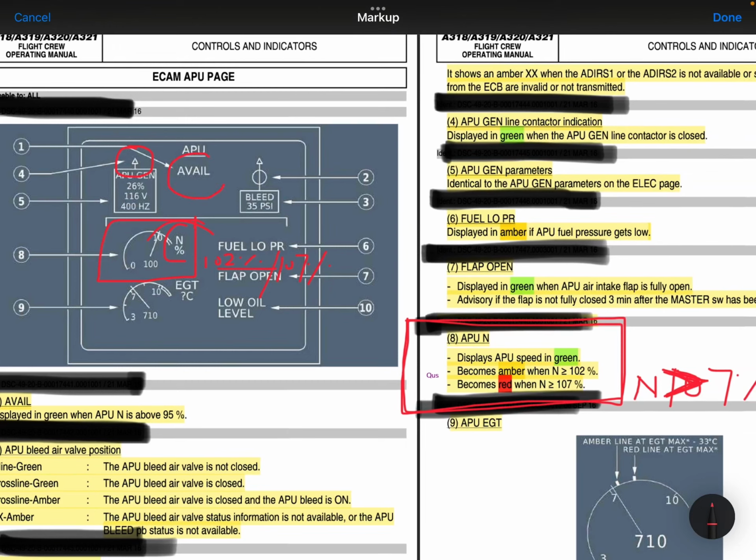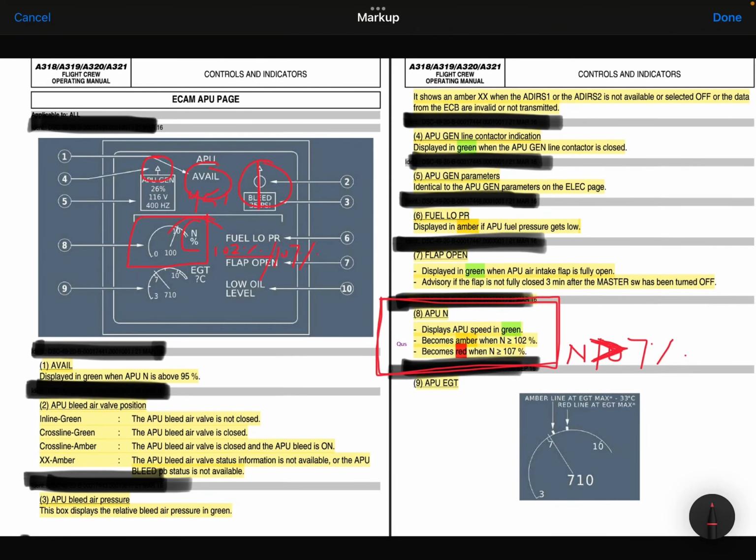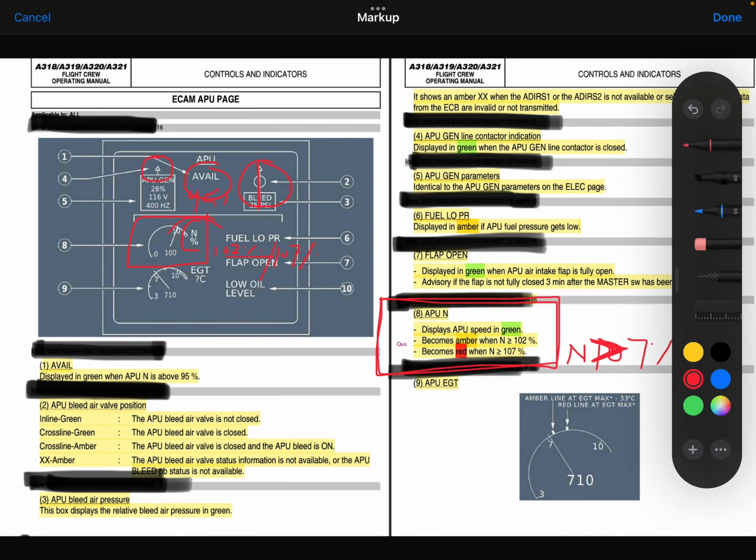This AVAIL light, we have talked about it, when N is above 95%, you remember, right? And this is the APU bleed valve position. This is the APU bleed air pressure.